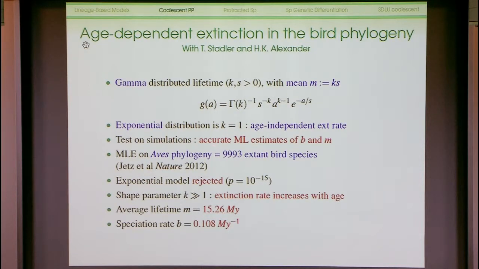So we did tests on simulations to see if, when we simulate birth-death models which are not Markovian, which have gamma distributed random lifetimes, we can recover, thanks to our formula, the parameters b and m from our reconstructed trees. And that's what we did.